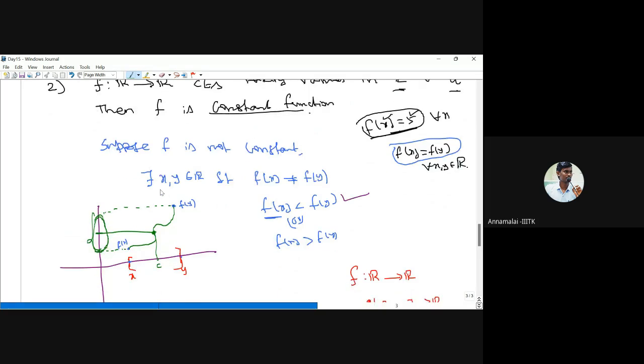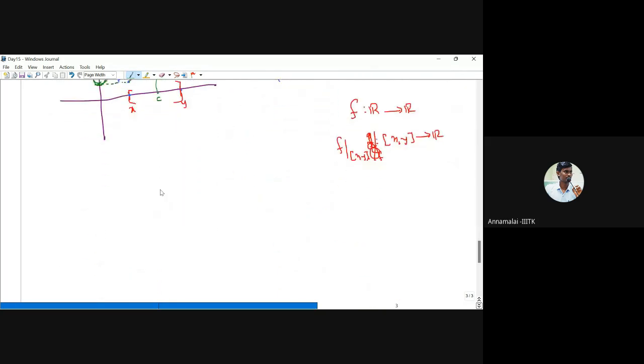This is another example. Now, the third, one more example of the intermediate value theorem.